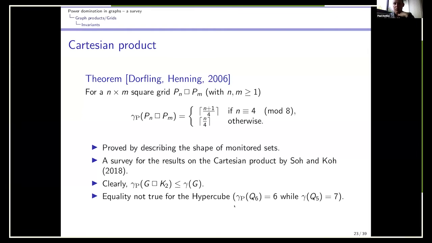But you will tell me it's necessarily hard because the domination number of the hypercube is not well known yet, but the power domination number of the hypercube is obviously known. Gamma p of Qn is always no more than gamma of Qn minus 1. But sometimes a difference appears, and the first time it appears is for Q6, the hypercube of dimension 6.